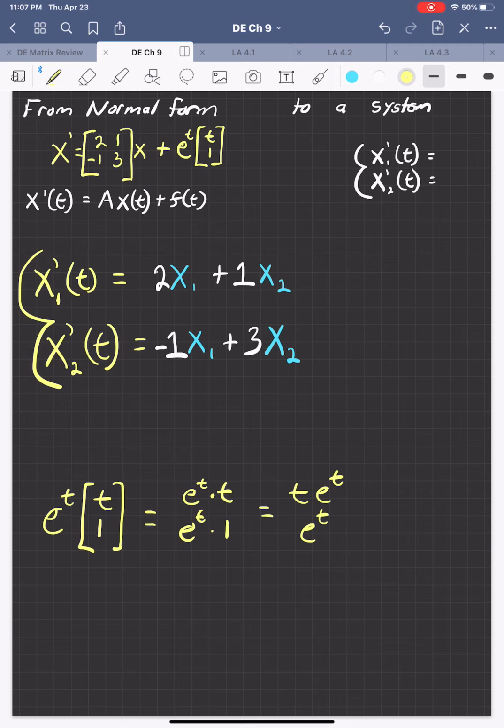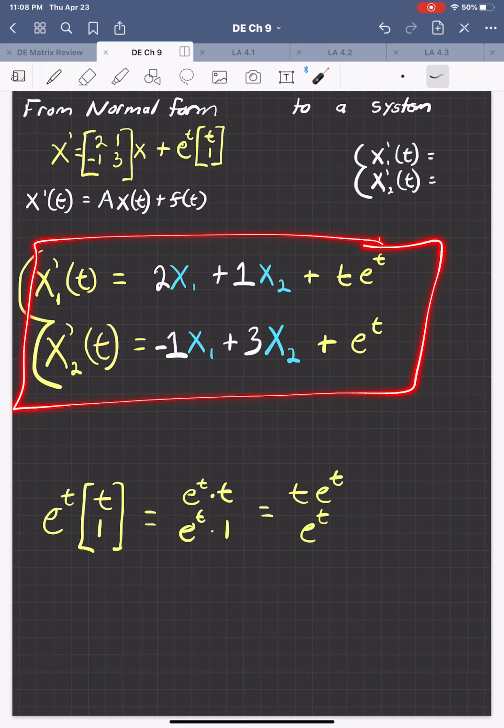So what did you just do? You just figured out how to interpret the f of t portion of this normal form. And I'm going to go ahead and write that. So that's plus t e to the t and plus e to the t. Now what you could do on your own time is see if you could go from here back to here.